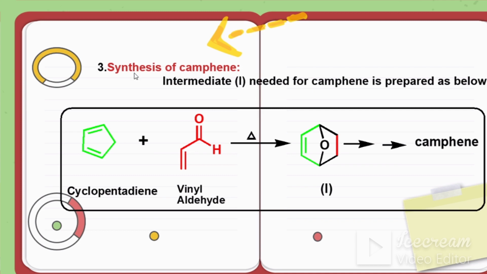Third application, synthesis of camphene. Cyclopentadiene reacts with vinyl aldehyde in a 4 plus 2 cycloaddition reaction, forming this intermediate, which is then used to make camphene.